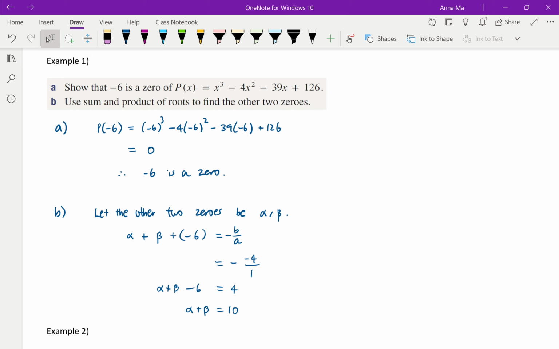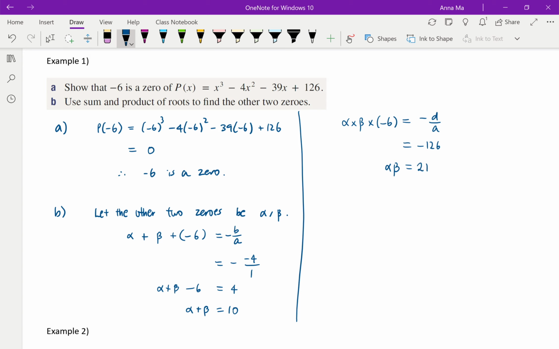And then also using the product of zeros, I know that alpha times beta times -6 has to be negative d on a, and that's -126. So dividing by -6, I know alpha times beta has to be +21.